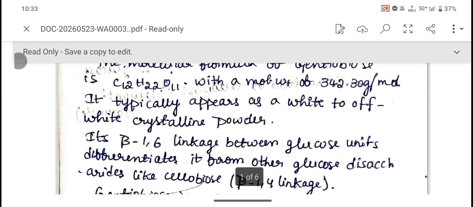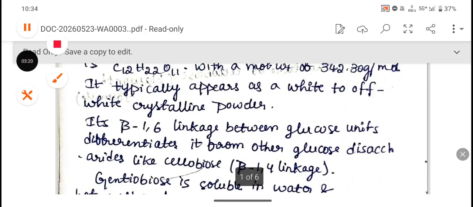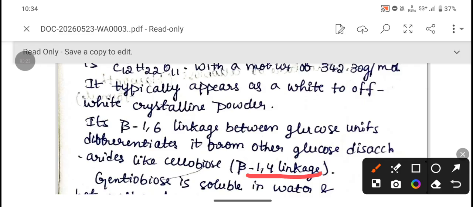Its beta-1,6 linkage between glucose units differentiates it from other glucose disaccharides like cellobiose. Cellobiose contains beta-1,4 linkages between glucose units, whereas Gentiobiose consists of beta-1,6 linkages between glucose units. Here comes the differentiation point.